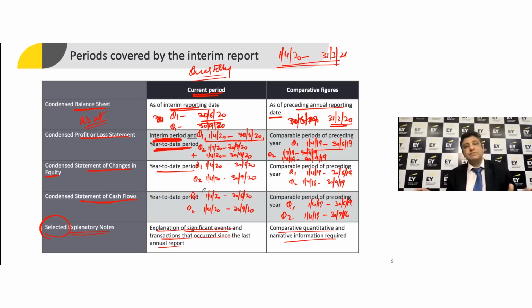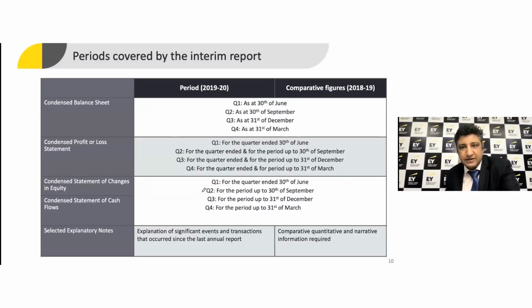Something that you want to just remember as a concept. And this is the same thing which is also taken forward for the Q3 as well as Q4. Okay, just to highlight those aspects in terms of how the periodicities are covered as far as the interim reporting is concerned.